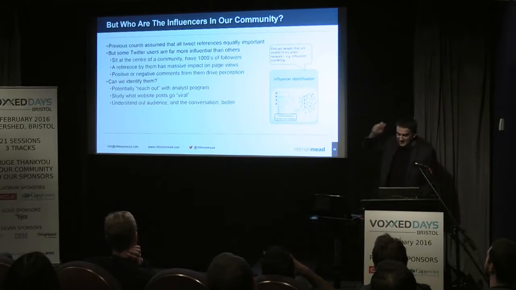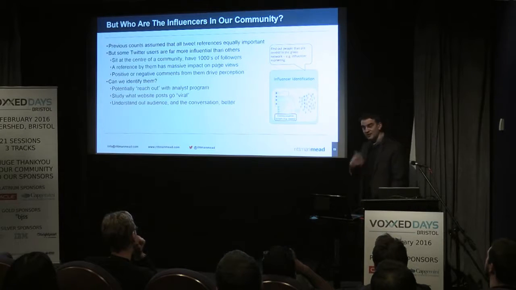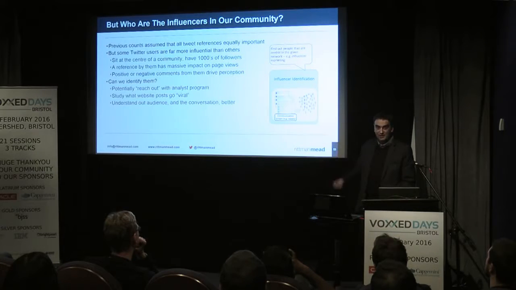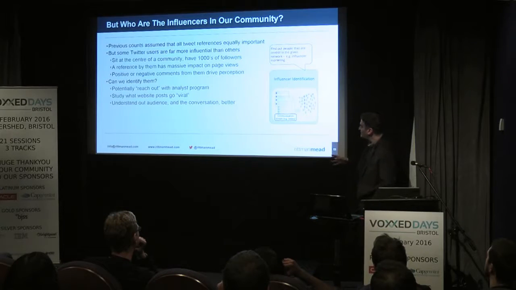But the point is, it's interesting to understand who the influencers are. And we have members of staff who leave us and start other companies, so it's interesting to understand whether they are still influential in our network. So we were interested to understand how this works.